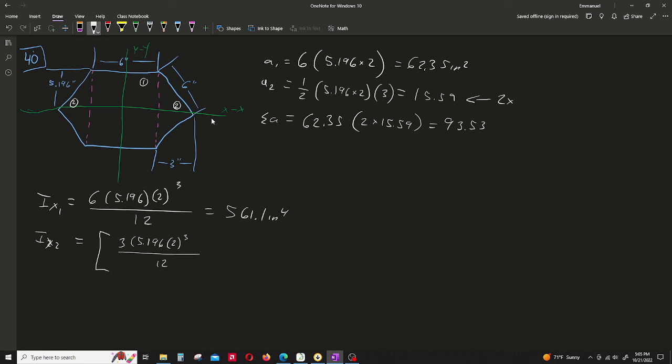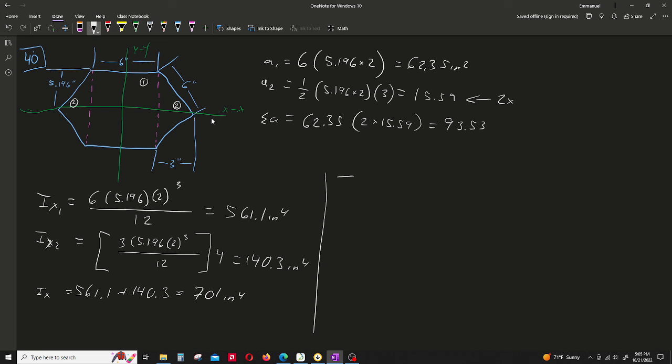And technically there's 4 of these little right angle triangles, so multiply that by 4 and we get 140.3 inches to the fourth. So therefore our total IX is equal to 561.1 plus 140.3, which equals 701 inches to the fourth.